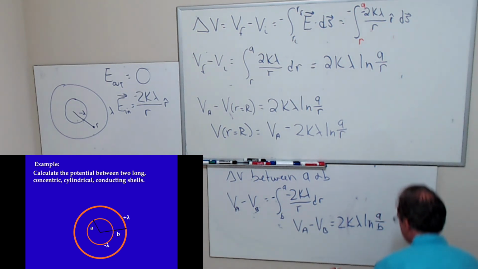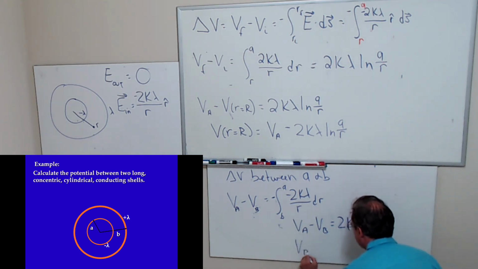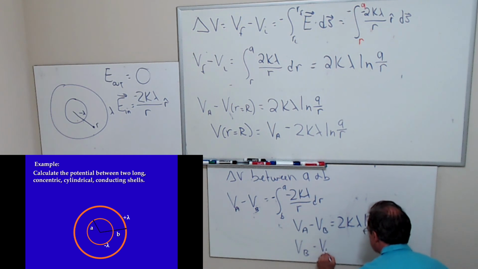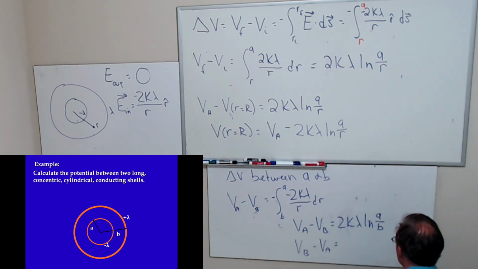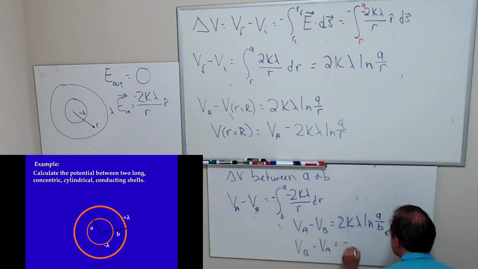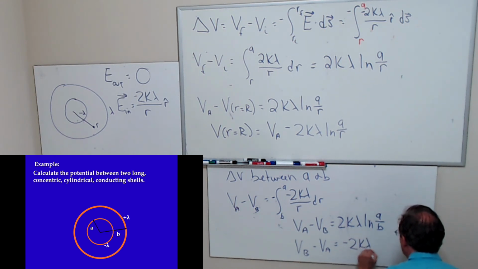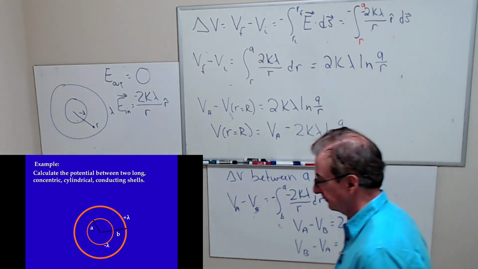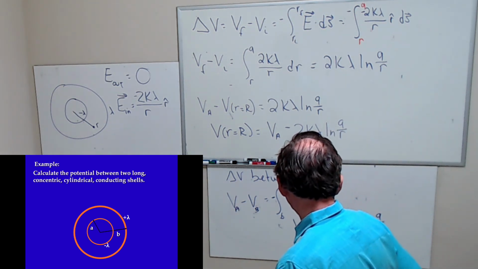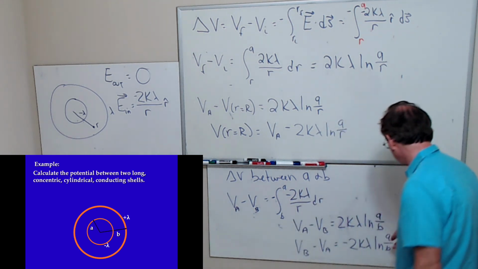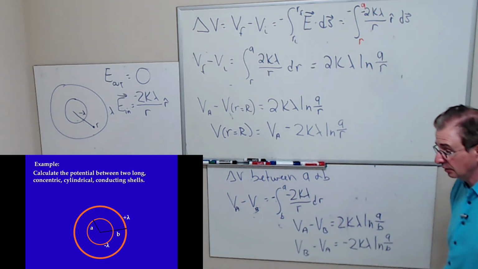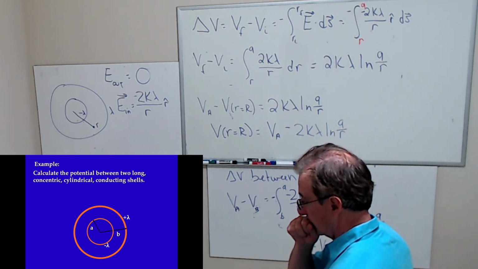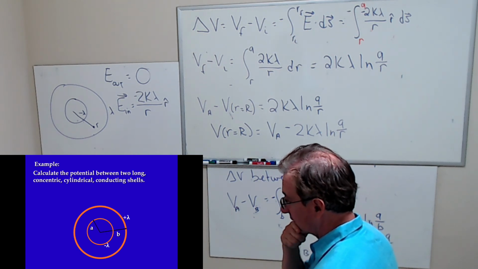Or I can write V sub B minus V sub A as minus 2k lambda natural log of A over B. It doesn't matter, right? They're both the same. In fact, I can write this in more ways because I can flip this over and get rid of the minus sign. Are we okay with that?